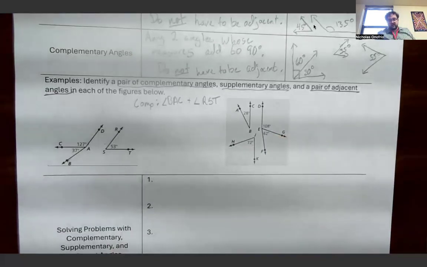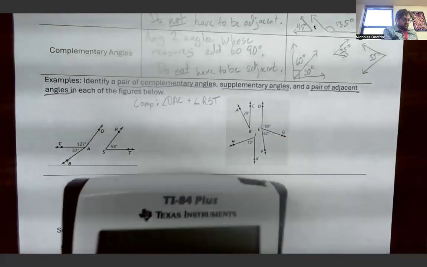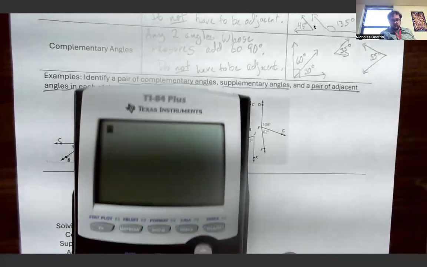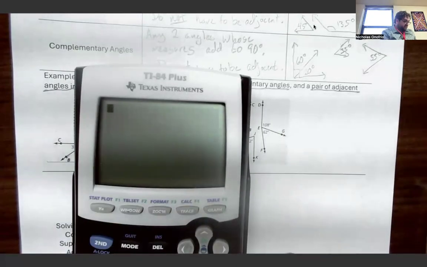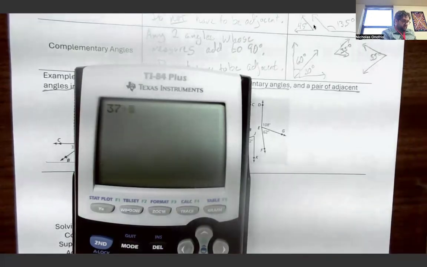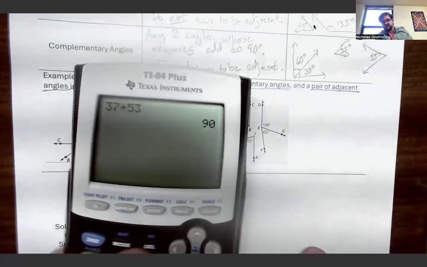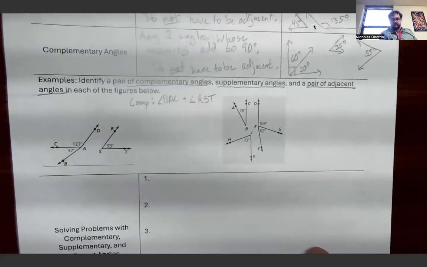You want to check that in a calculator? Let's take a look. We said BAC has a measure of 37. RST has a measure of 53. 37 plus 53 is 90. All right.